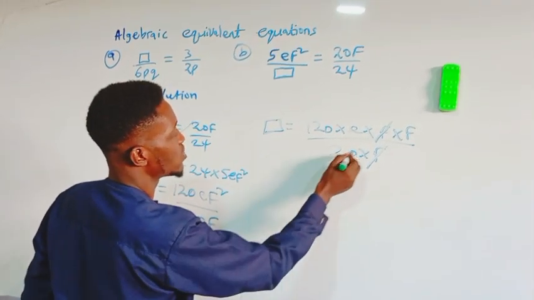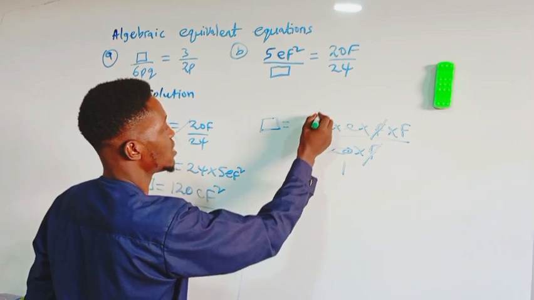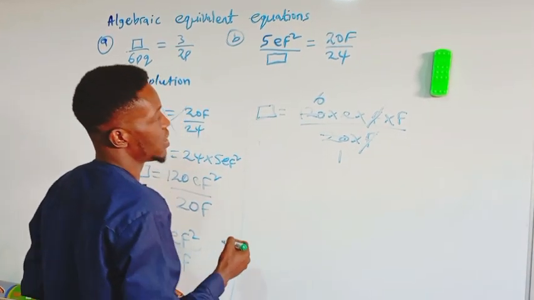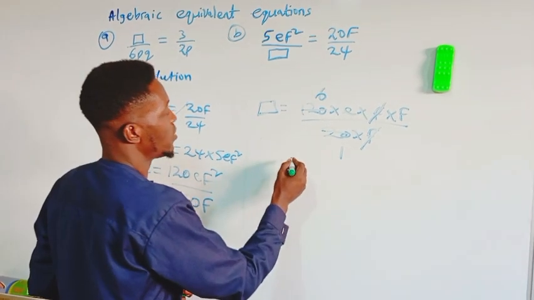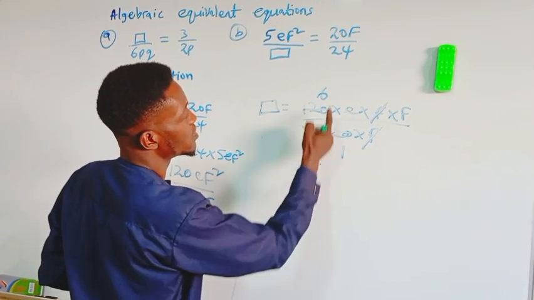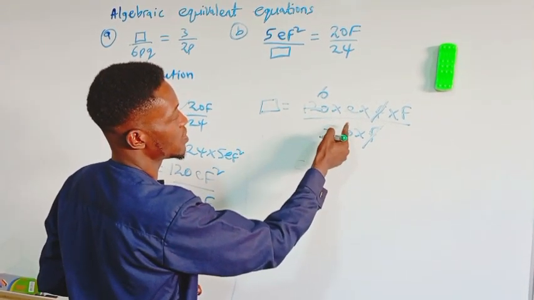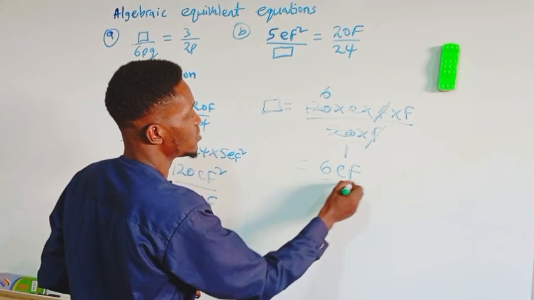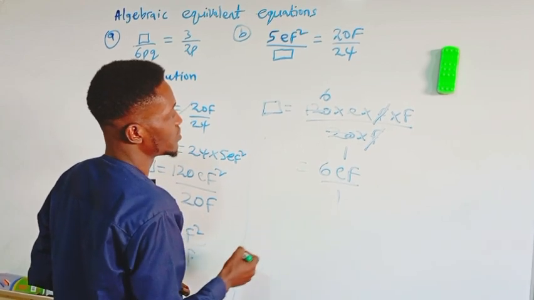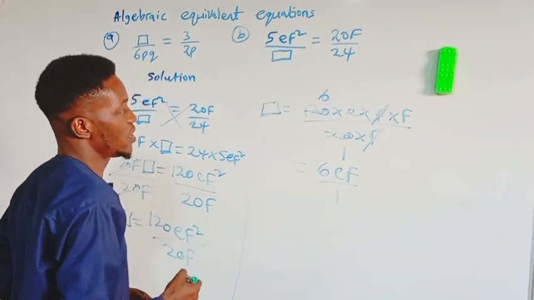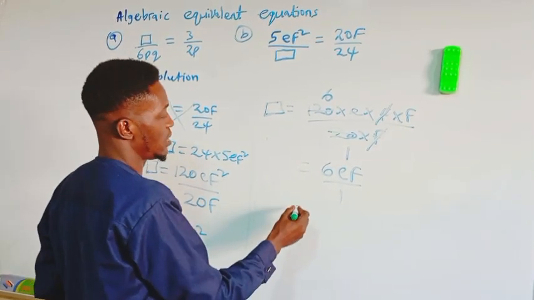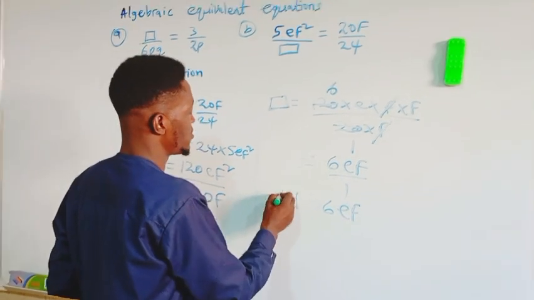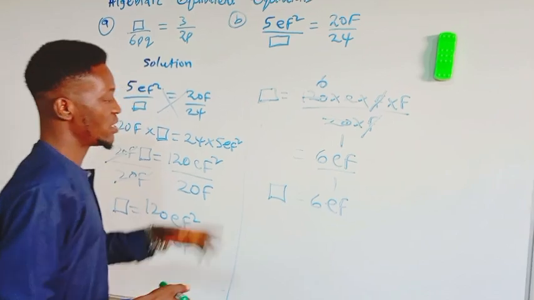And 20 cancels 120, which gives 6. So we are going to have the symbol is equal to 6 times e is 6e, 6e times f is 6ef, over 1. So 6ef over 1 is simply 6ef.